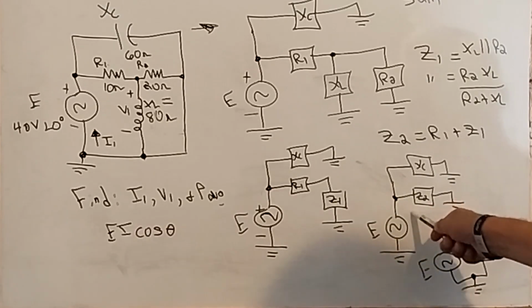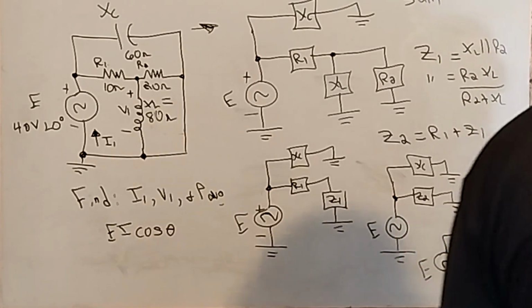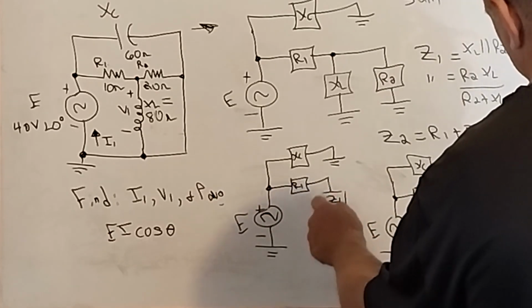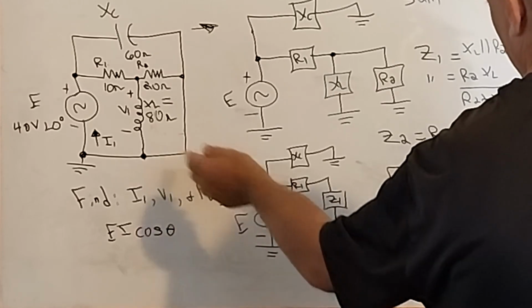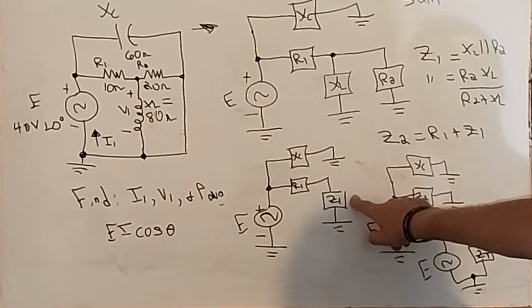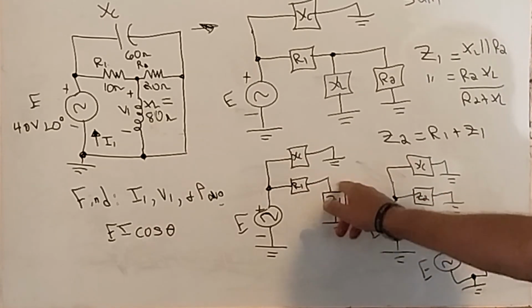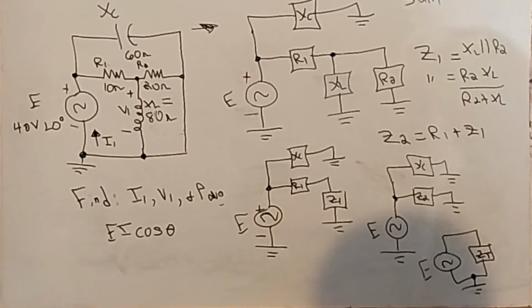And Z sub T will give us the voltage that we need, but Z sub T is these two in series. So we have to take the voltage drop across Z1. So we take this voltage, 40 volts, and multiply it by whatever Z1 is, and divide it by Z sub 2, the total impedance here, in order to get that ratio of the voltage. I'll write that down right here.